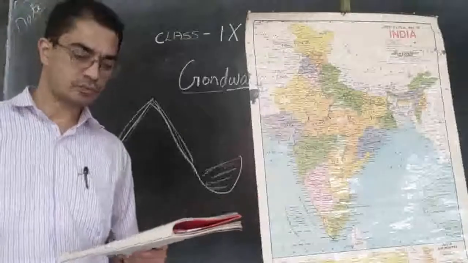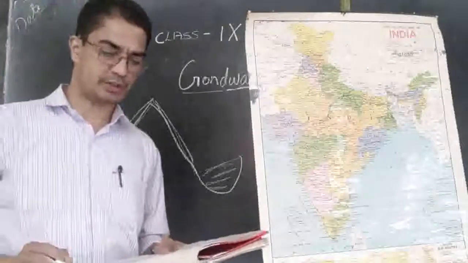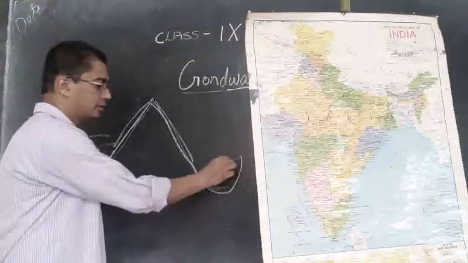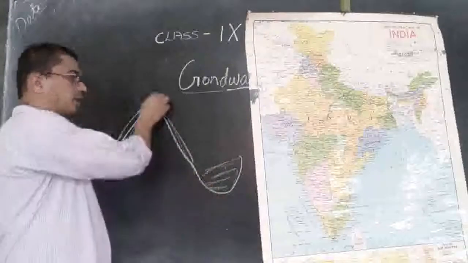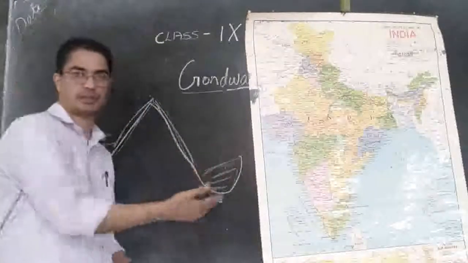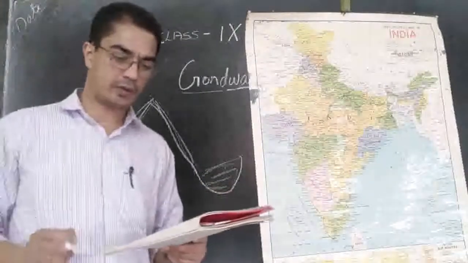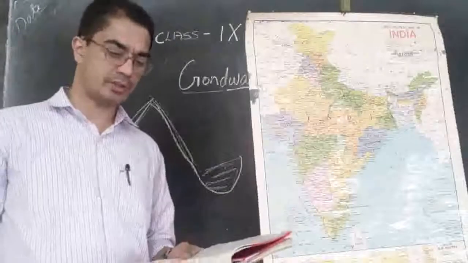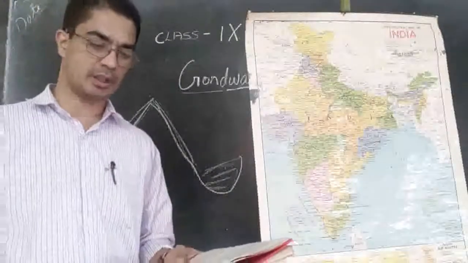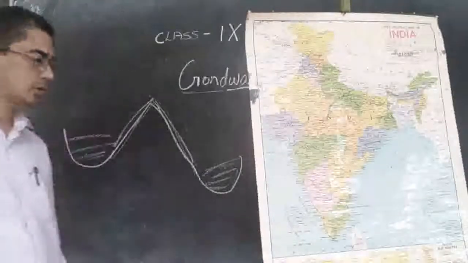Then in due course of time, this depression, this is called a depression. From here the land was taken away to go higher. So this area is depressed, became low. So gradually it got filled with the deposition of sediments by the rivers flowing from the mountains in the north and the Peninsular plateau in the south.